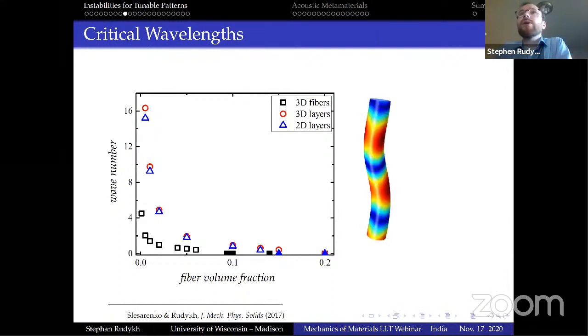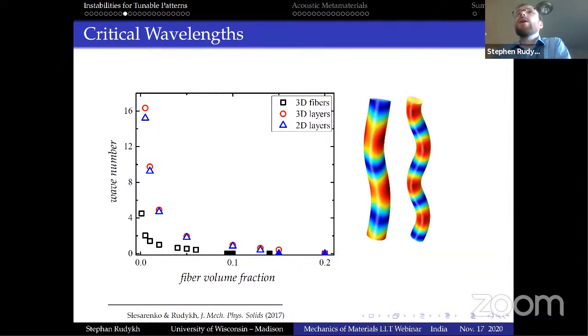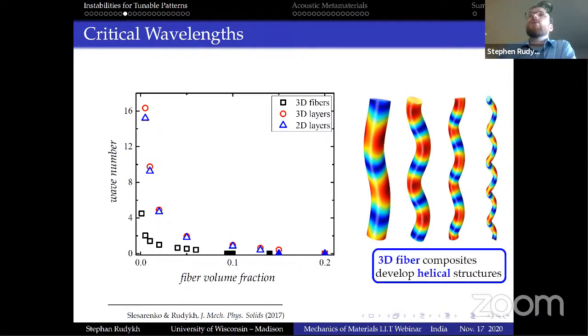And just again to illustrate, when I decrease the volume fraction, as you can see, the wave number increases, or effectively, because it's the inverse of that, the wavelength decreases, and here is the evaluation of this, just to illustrate.